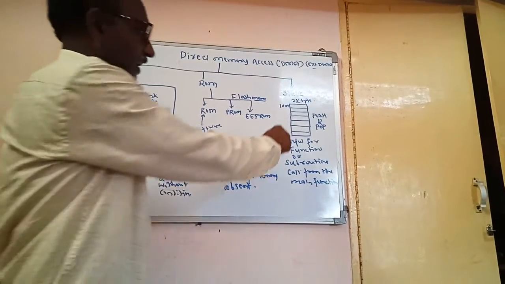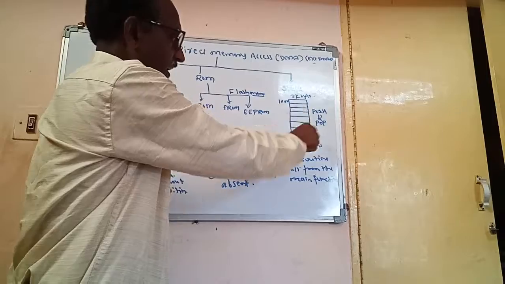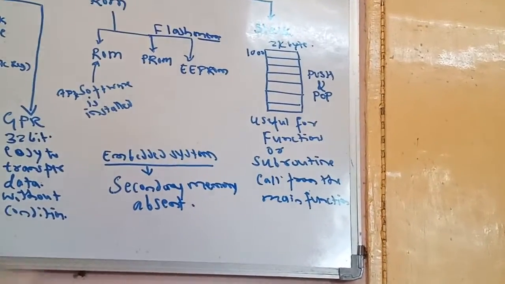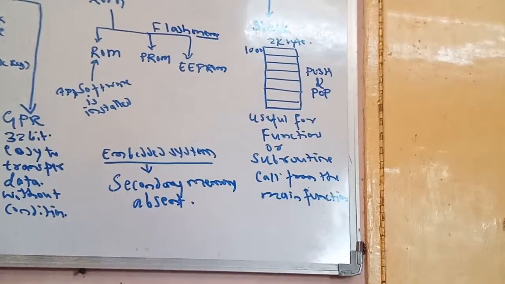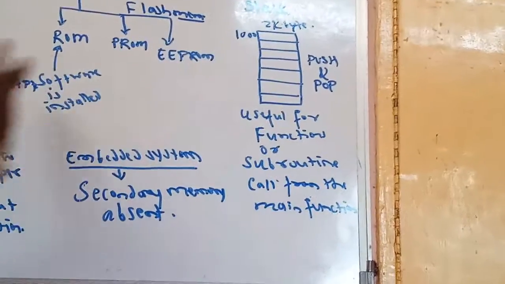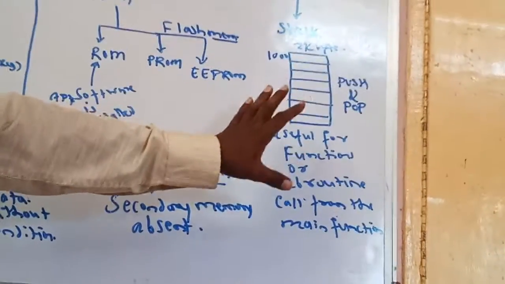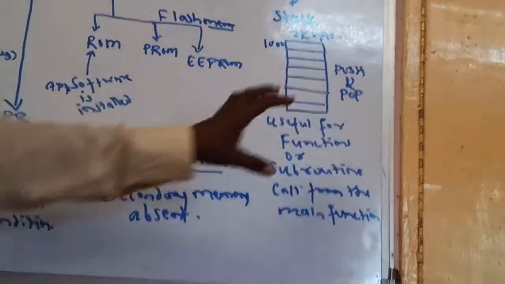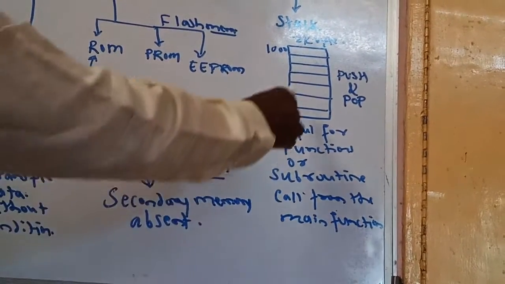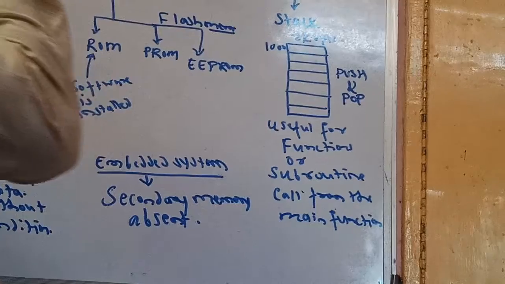You can write subroutines at a particular memory location, and call it by the name of the program. Then the same subroutine executes in the main program. Through push and pop instructions, you can execute these stack operations.